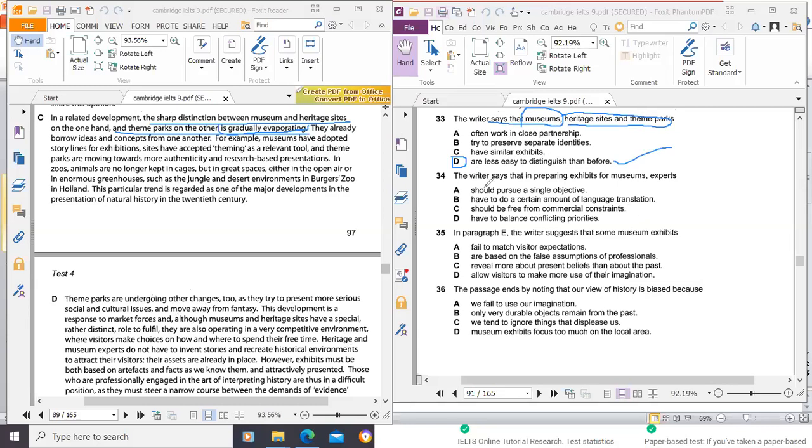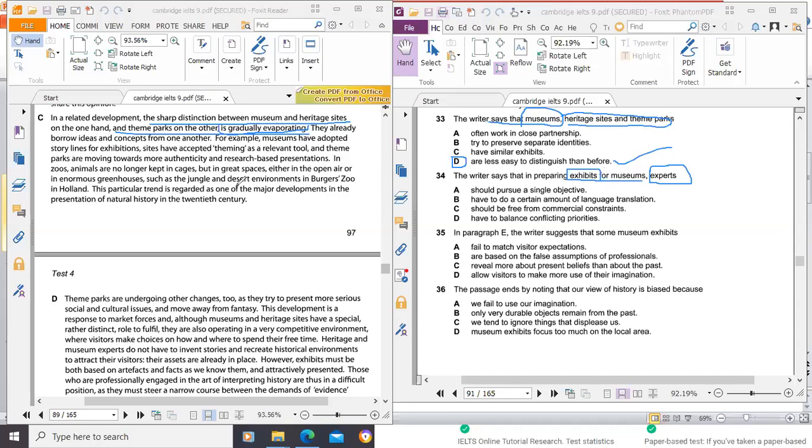Now, in 34, the writer says that in preparing exhibits for museums, experts. So exhibit, okay, and then expert. Those are the keywords. Mind you, in preparing exhibits for museums, okay, not for theme parks, I suppose, so it's just museums here.